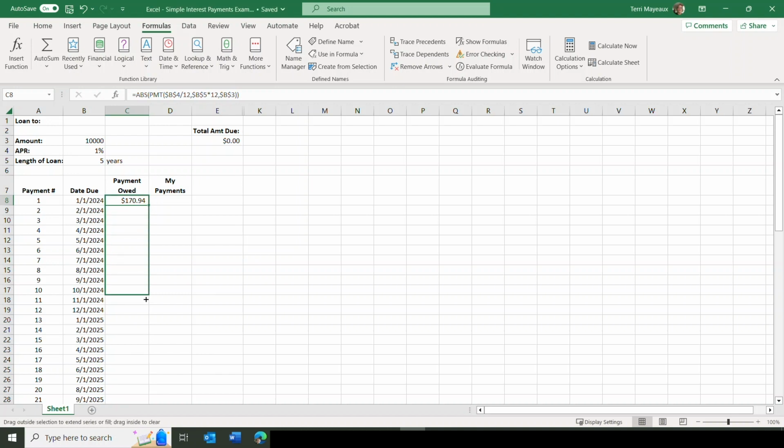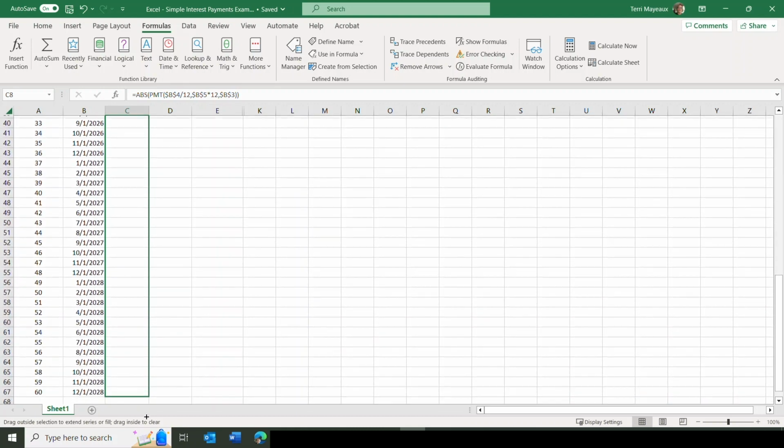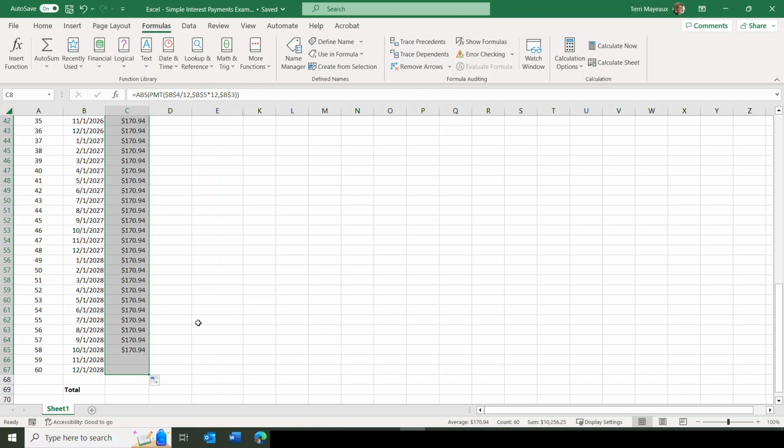And I can find the fill handle and click and drag down until I get to that 60th month. Now, at the bottom of C, in C69, I want to know what the total of all those payments is.